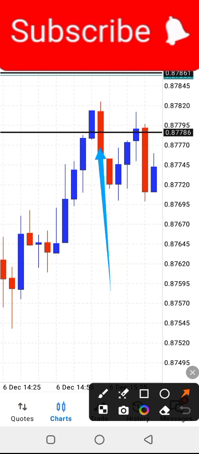But the reason taking this trade won't be a good idea is because this is just retracing into a fair value gap. There's no fair value gap here. I think there's one right here, but this trade idea is not based on fair value gaps.